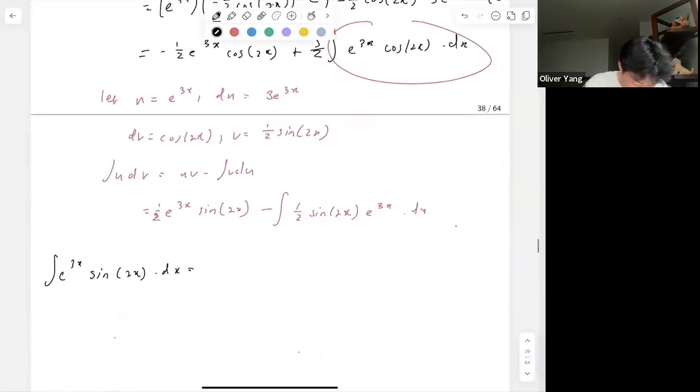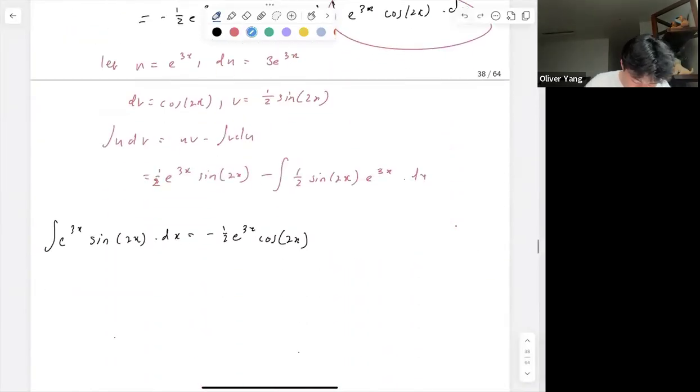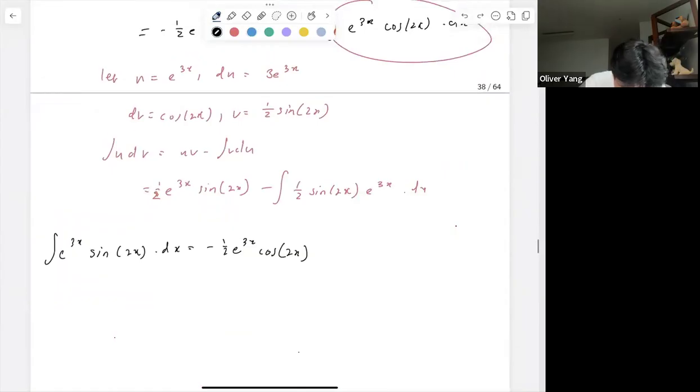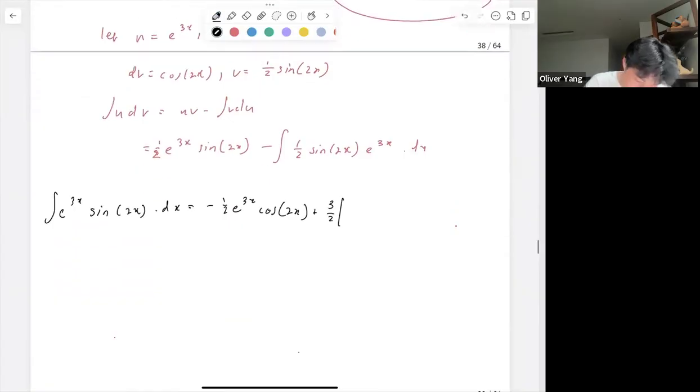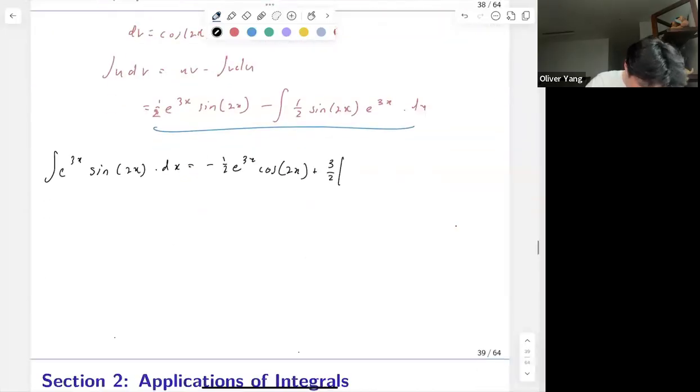So we're going to take negative a half e to the 3x cos 2x. And then we're going to take this bit here, plus 3 on 2. And in these brackets, the red here is what's in our brackets. So this is going to be a half e to the 3x sine 2x.